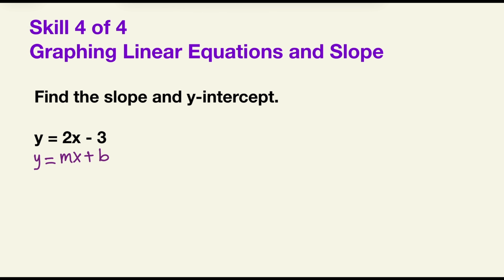So in this case, the slope is given to us as 2, and the y-intercept is given to us as negative 3. And so what this means is the line crosses the y-axis at negative 3, and from there move up 2 and right 1.